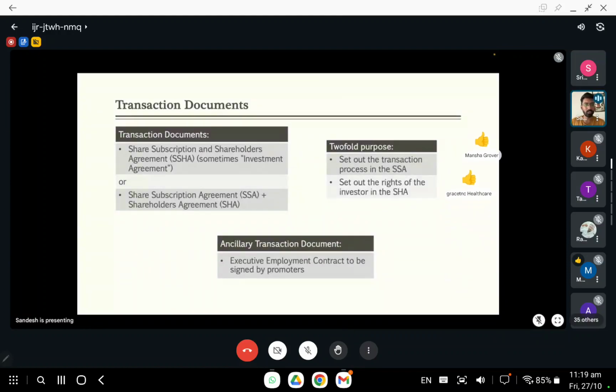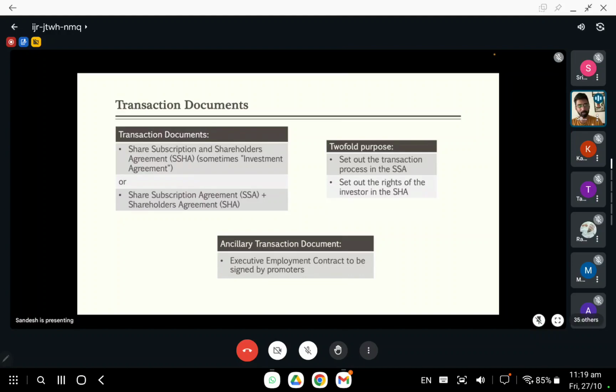Okay, great. So ideally after the term sheet is over, after due diligence is over, you sign something called a transaction document. But practically, while the due diligence is going on, the negotiation on the transaction documents begins, right?